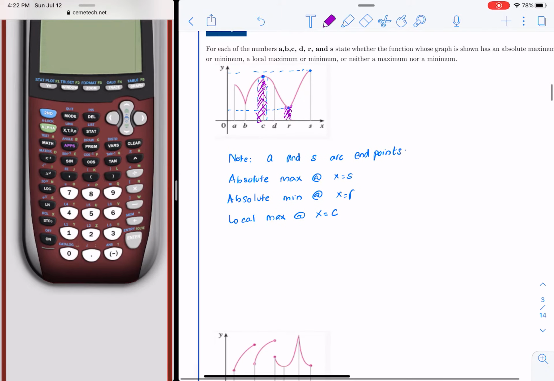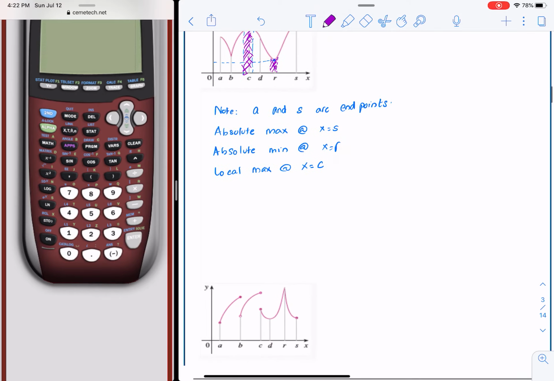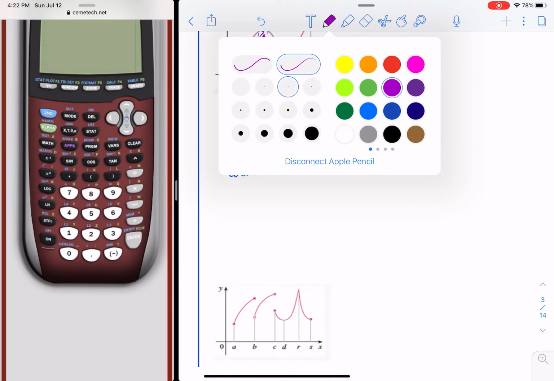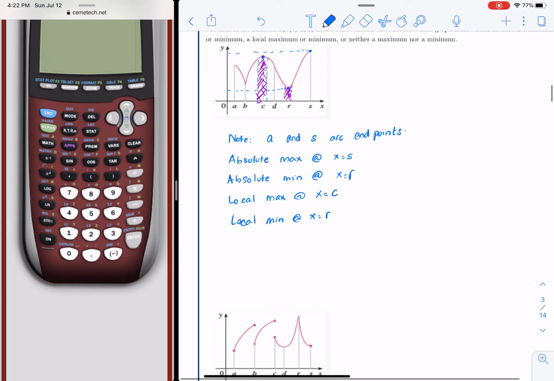So that absolute minimum is also a local minimum, because it falls in the domain of the function.